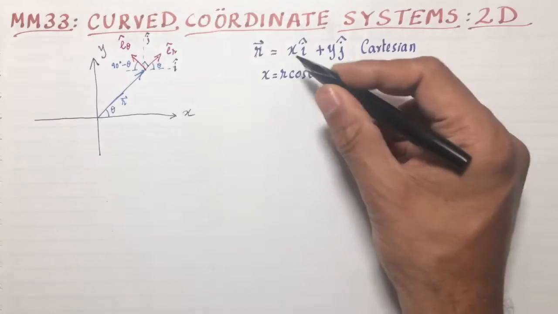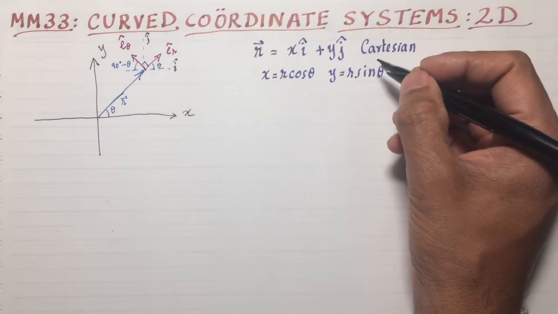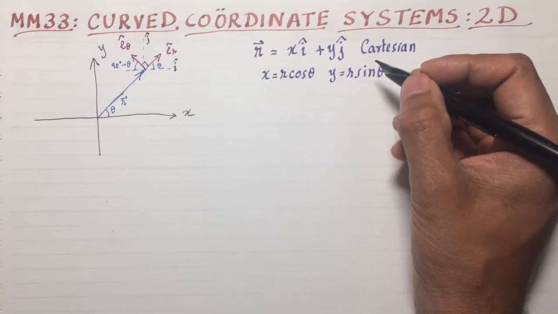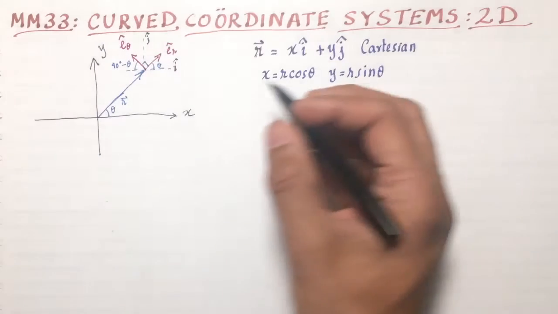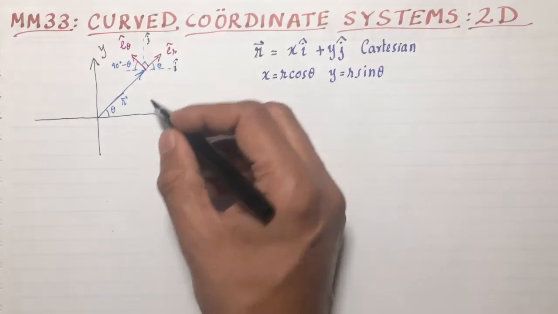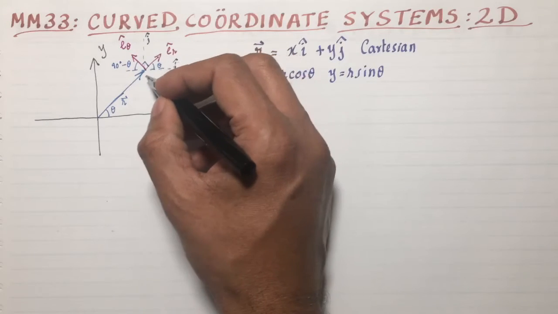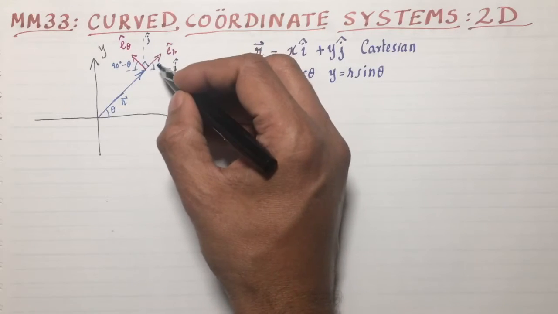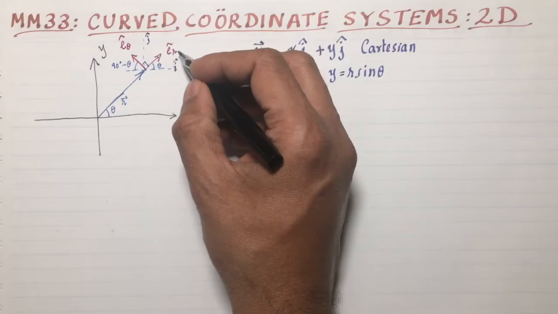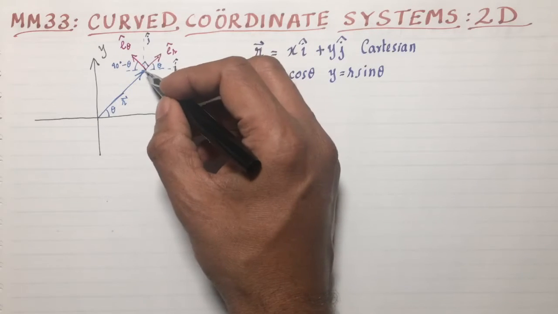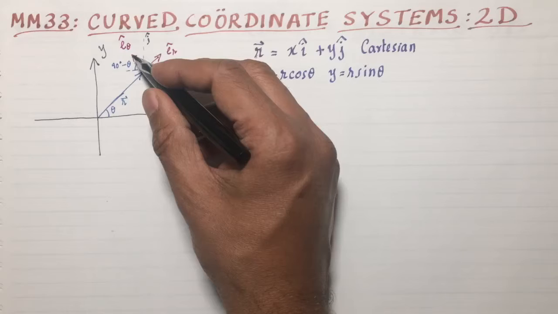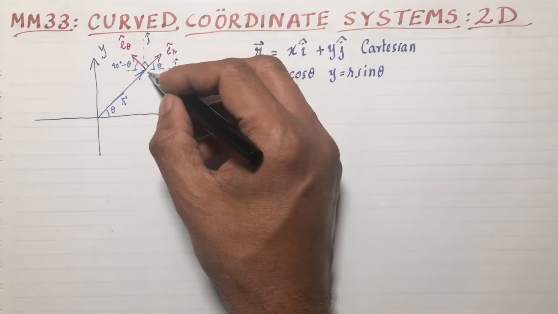So you would write the vector as that, but that's still not truly a description of this coordinate system and vectors in this coordinate system unless we are able to express everything in terms of the unit vectors e sub r and e sub theta. Observe that e sub r is just a continuation of the position vector r hat, while e sub theta is perpendicular to that in the tangential direction.